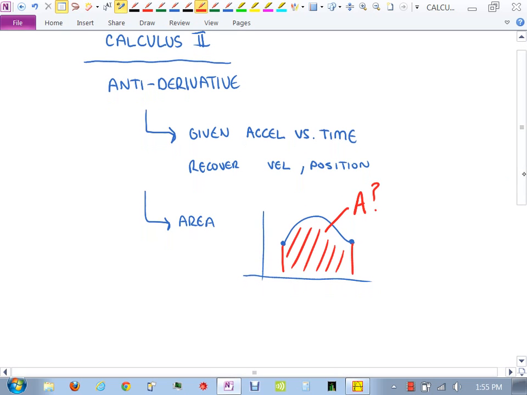And it turns out that the area is connected to the antiderivative. So in Cal 2, you're able to find the area of very complicated shapes that don't have rectangles in them, right? Everyone can find the area of a rectangle, but find the area of that. It's hard to do, but in Cal 2 you can. That kind of makes sense?